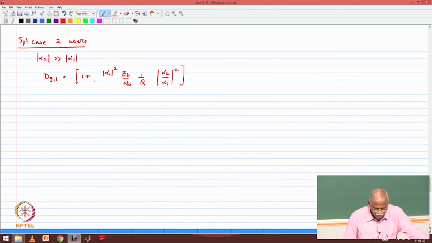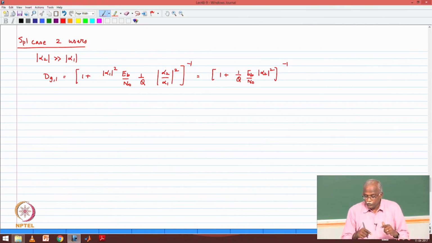Okay. So, this can be written as 1 plus 1 over q EB by n naught mod alpha 2 squared, inverse. Okay. So, if alpha 2 is much larger than alpha 1, the degradation of SINR 1 is going to be much more significant than the degradation of SINR 2.